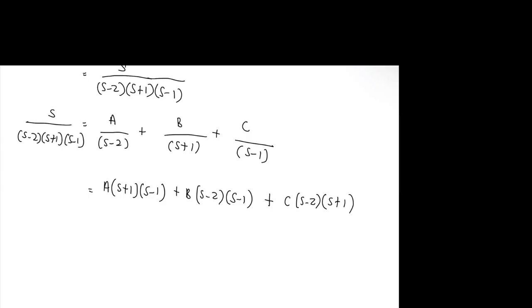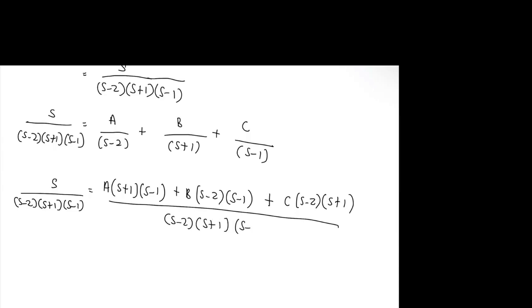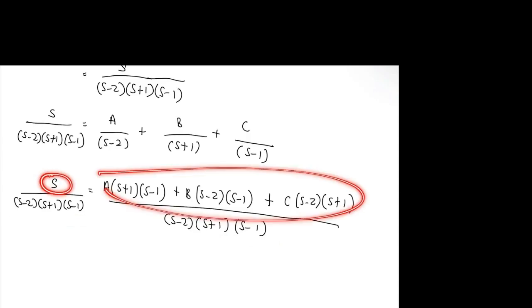So here will be s, and here we have s minus 2, s plus 1, s minus 1 on both sides. Because the denominators are the same, the numerators are equal.